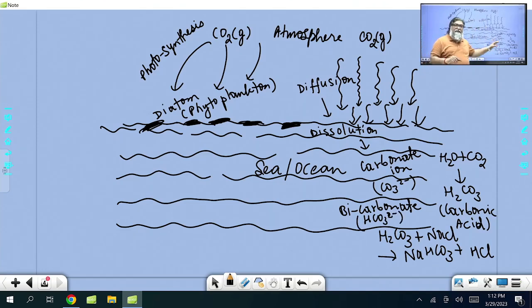And this carbonate is very, very important. Why? Sometimes calcium ion, calcium carbonate, limestone, forms the skeleton. Sometimes marine animals may have an outer hard shell, and that outer hard shell is made of calcium carbonate.